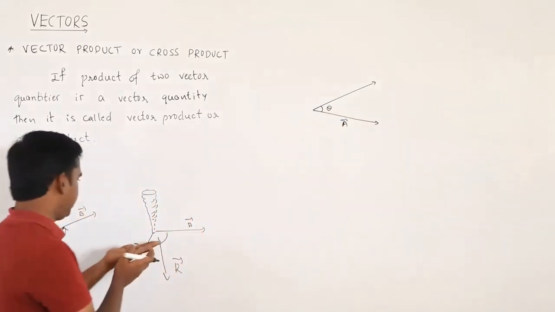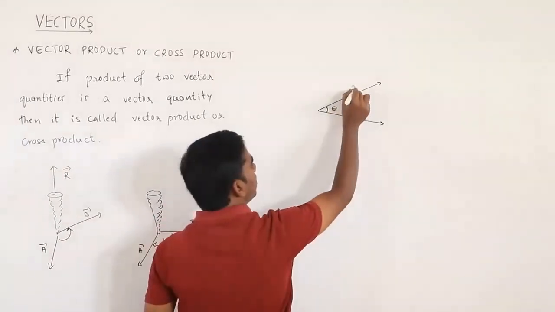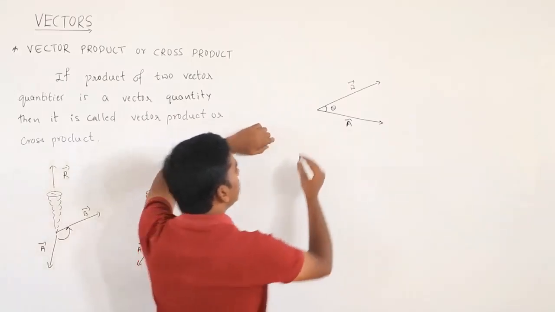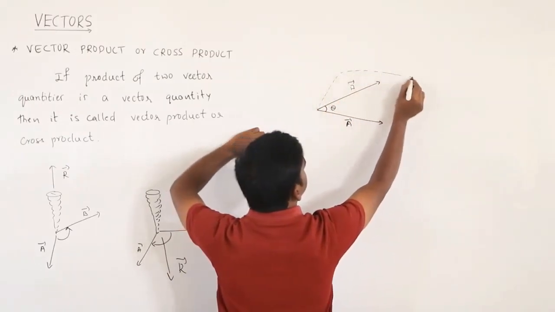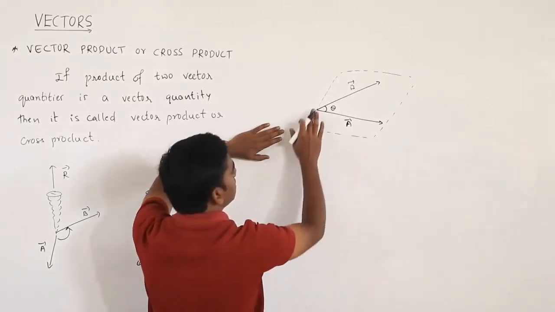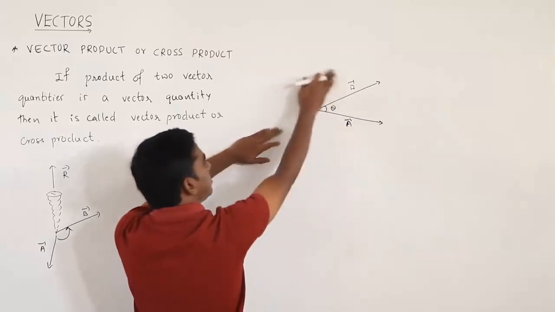It is like rotating from A to B. It is not exactly on the board; it is going to be on some plane. So you have to imagine the three-dimensional diagram.